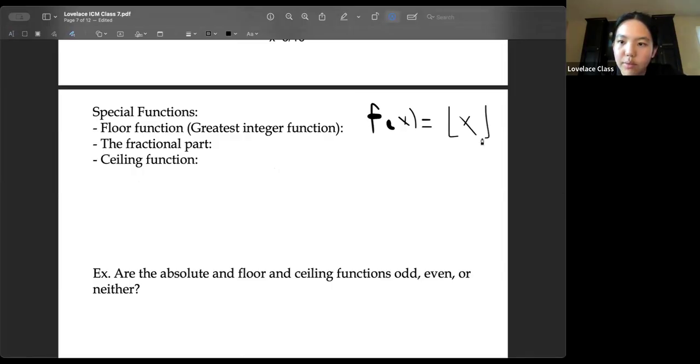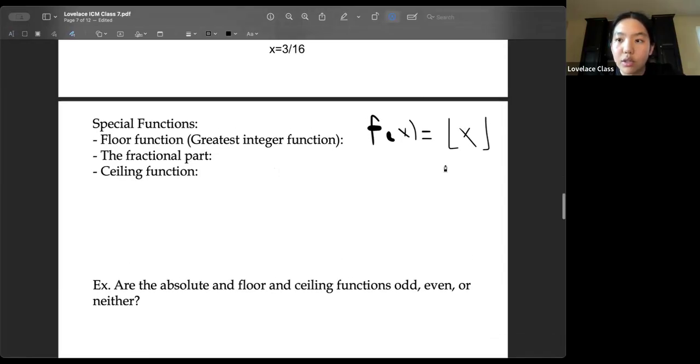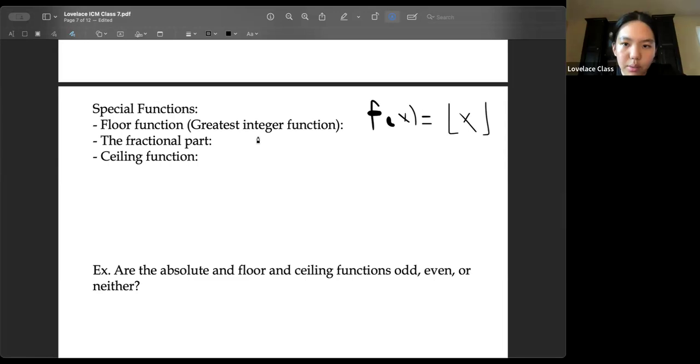It takes an input x and outputs the greatest integer that is less than or equal to x. And the fractional part is going to be equal to x minus the floor of x. The symbol's like that because it kind of looks like the floor, right? It's like bracketing the floor.